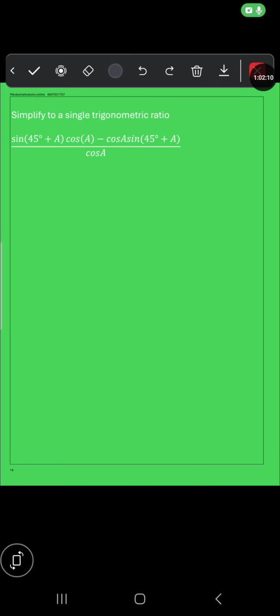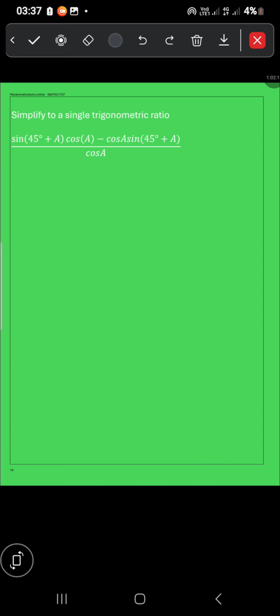Right, let's look at this one here. Simplify to a single trigonometric ratio. So when I check, this angle is repeating itself there. This is also repeating itself there.